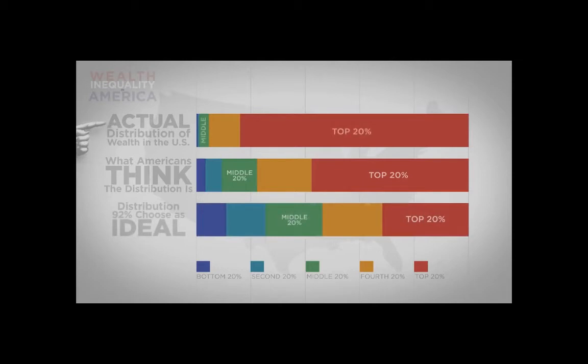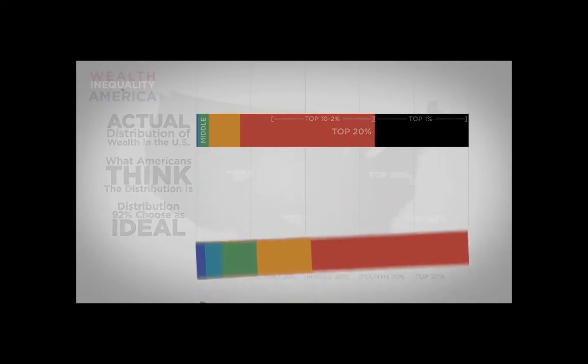Shockingly skewed. Not only do the bottom 20% and the next 20%, the bottom 40% of Americans barely have any of the wealth. I mean, it's hard to even see them on the chart. But the top 1% has more of the country's wealth than 9 out of 10 Americans believe the entire top 20% should have. Mind-blowing.